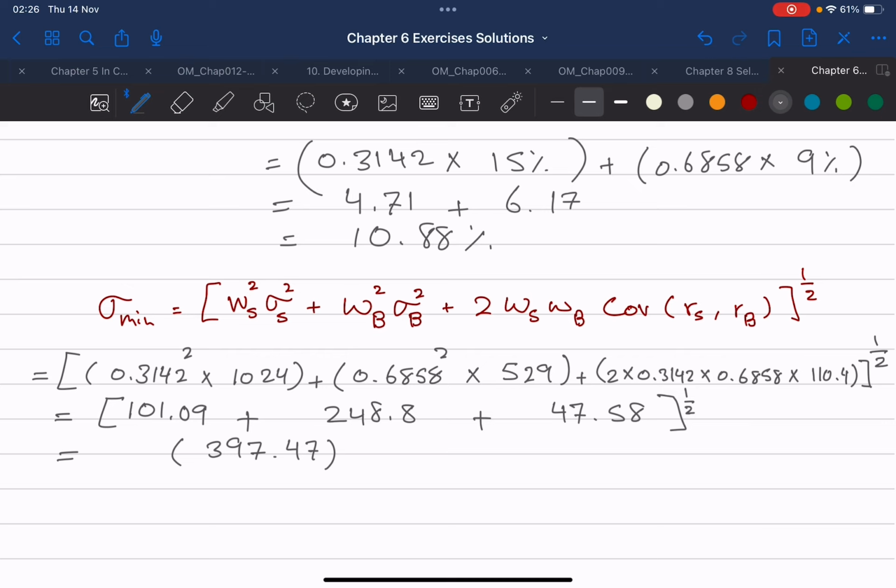I'll take the square root of that, and that will be 19.94%. Okay, which is what's required. I'm just going to erase this here and show again that this is the standard deviation of the minimum variance portfolio.